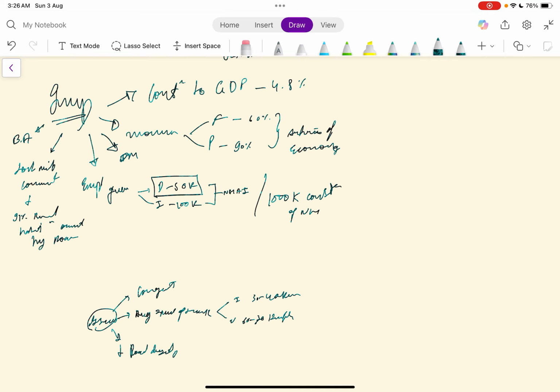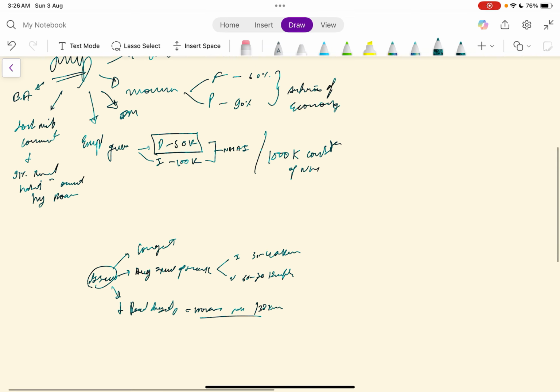For every 1 lakh population, if we look at Japan, Japan has 383 kilometers of road network per 1 lakh population, whereas in India it is very low, almost 500 kilometers.